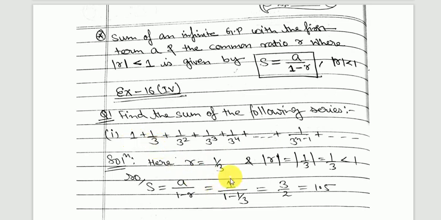Clearly this is less than 1. So using the formula S equal to a upon 1 minus r, where a is the first term, we get 1 upon 1 minus 1 by 3. Solve, and you get 1.5. So if you add this series till infinity, the answer will be 1.5.